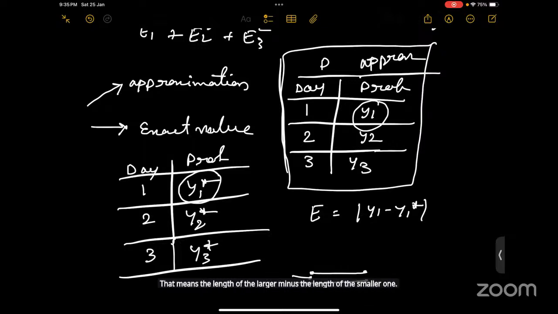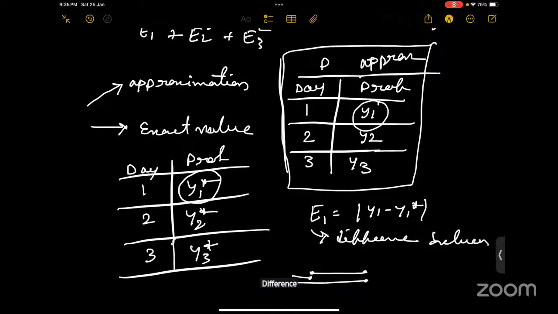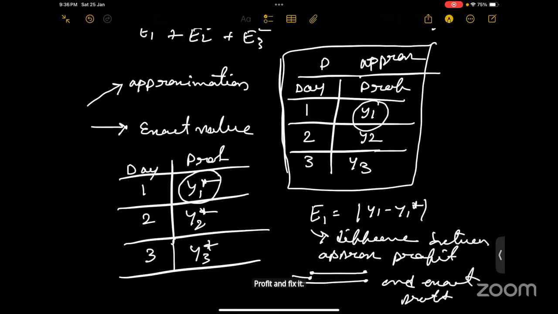So this will be your error 1. That means the difference between the approximate profit and the exact profit in day 1. This error 1 means the difference between the approximate profit and the exact profit. Okay, is it clear?